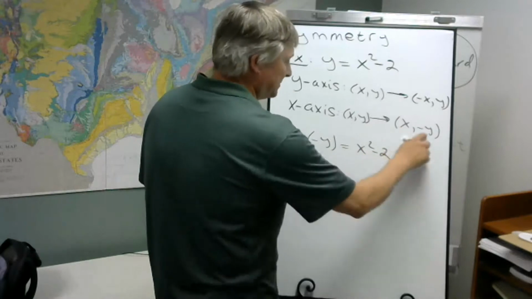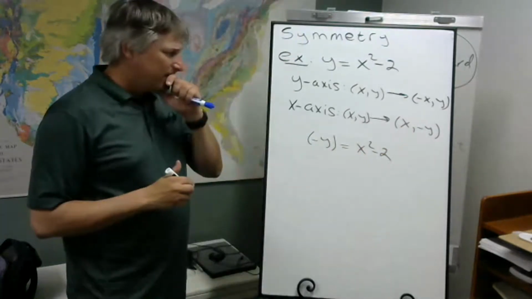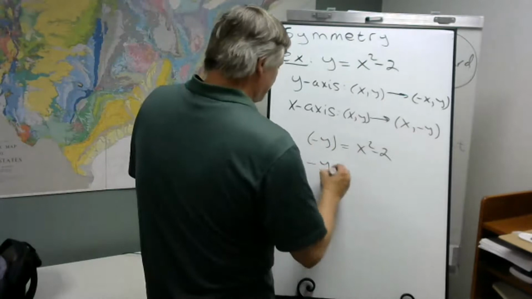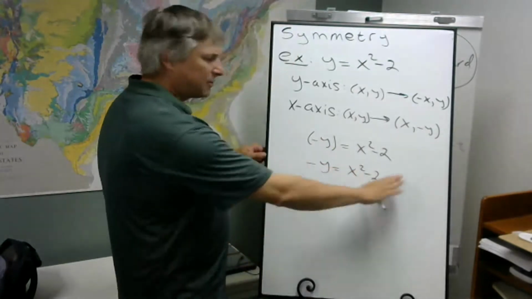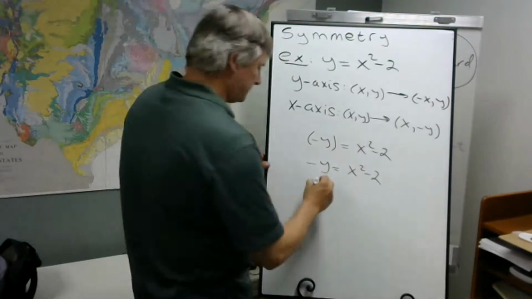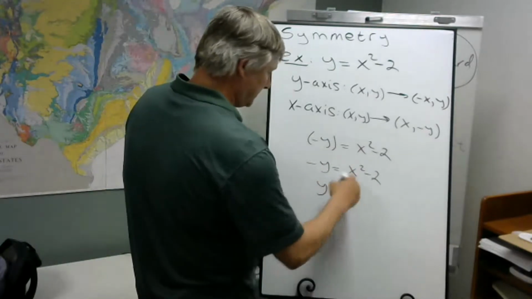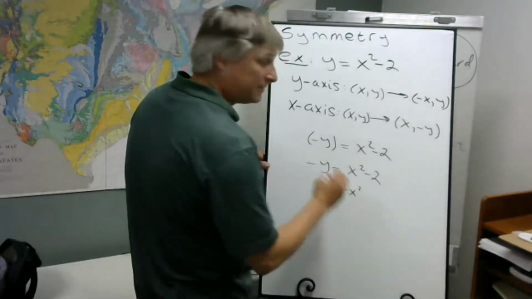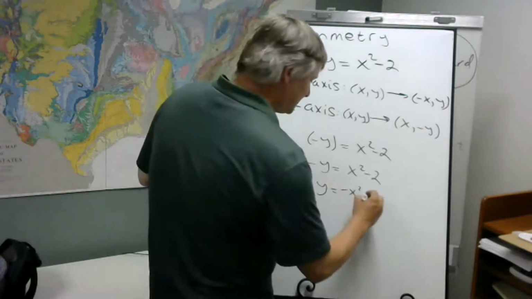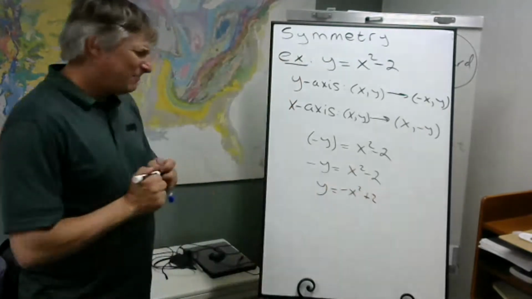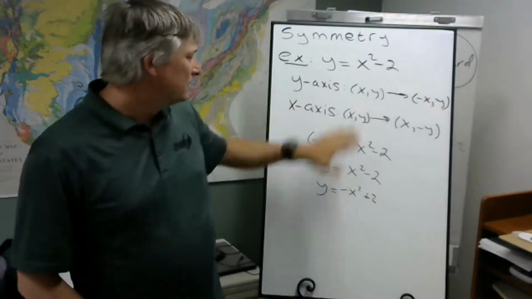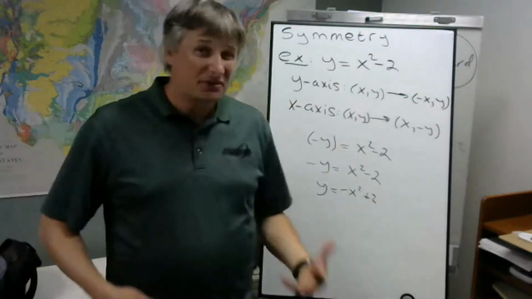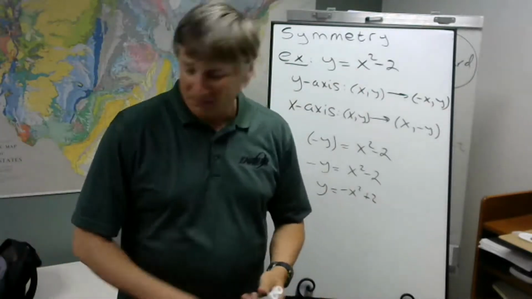Again, the x doesn't change, but the y takes on negative. So we get negative y is x squared minus 2. Multiply through by negative 1. This will become positive, this will become negative, and then negative times negative becomes positive. And what we get is something different from what we had before. So this means this is not symmetric across the x-axis.